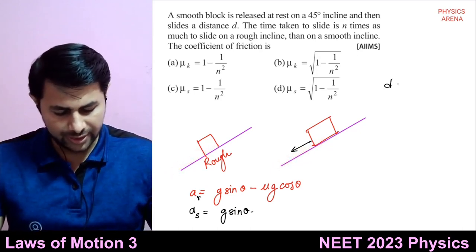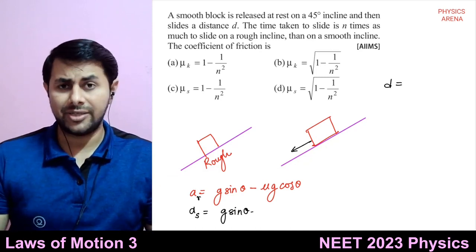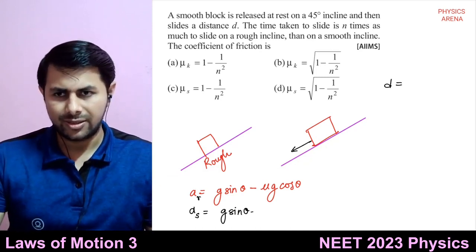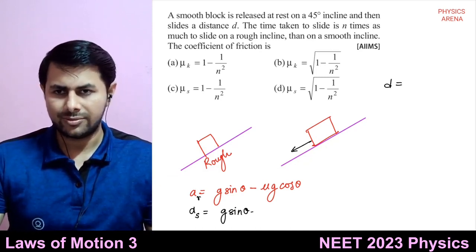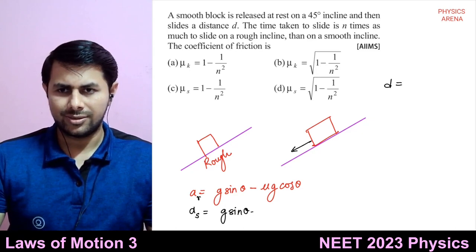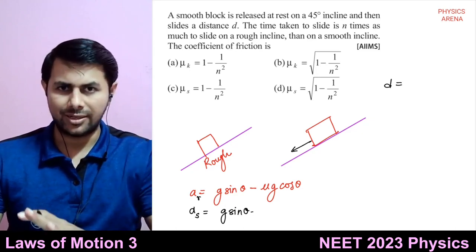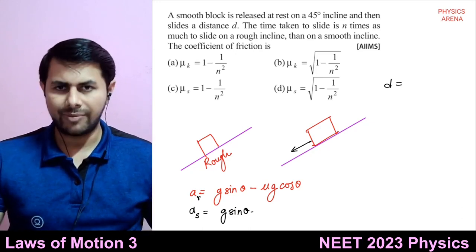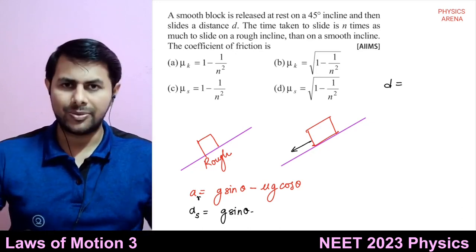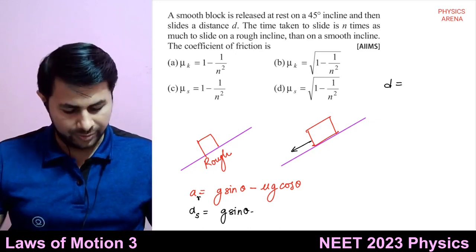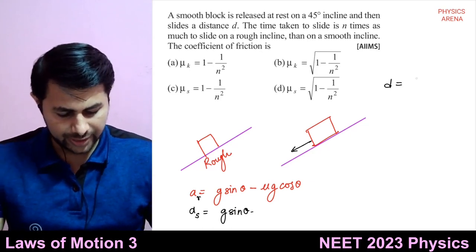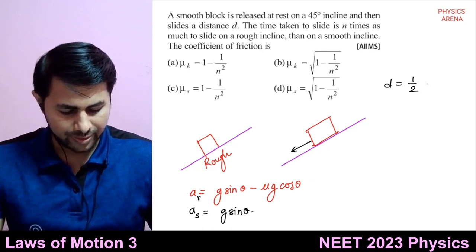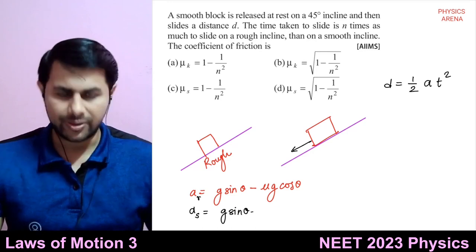So distance d can be written as s is equal to ut plus half at square. We have the formula, right? If it begins to slide, the initial velocity will be 0, and it has some acceleration, different on different inclines. So d is equal to half of a multiplied by t square.